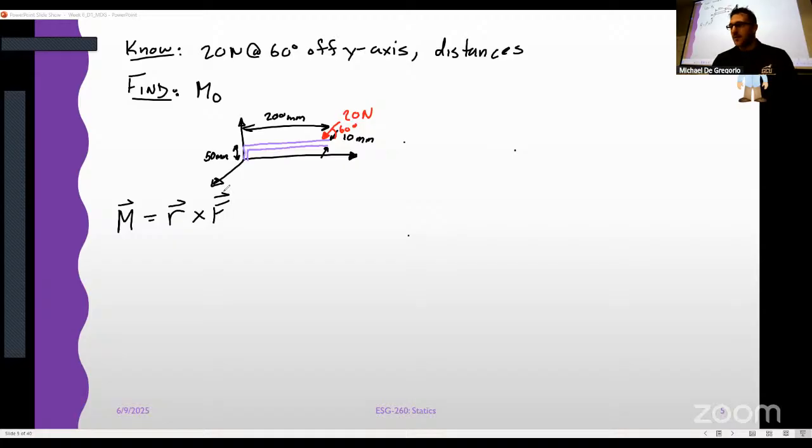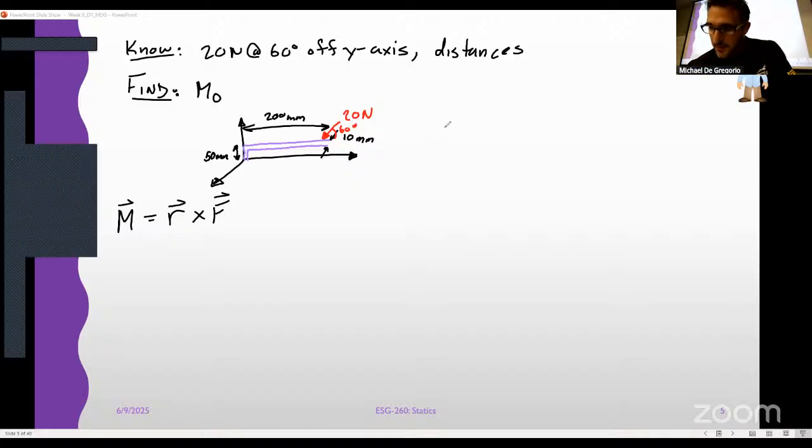We have the force vector, or we can create it as best as we can, and we have everything we need to make the distance vector. The other thing you could do is go at it from each of the planes and figure out what components of that force create a moment about the x-axis, the y-axis, and the z-axis. That works too. It just depends on how you want to do it, and you were not instructed to do it a specific way, so it just needs to be one of those two.